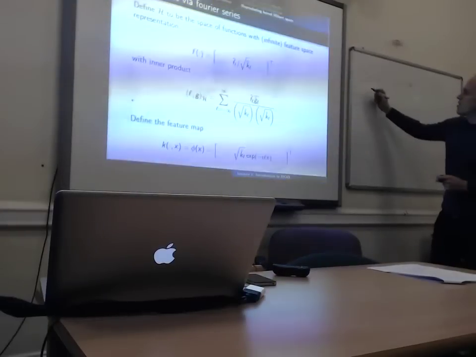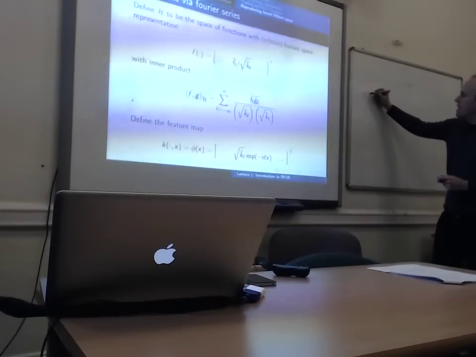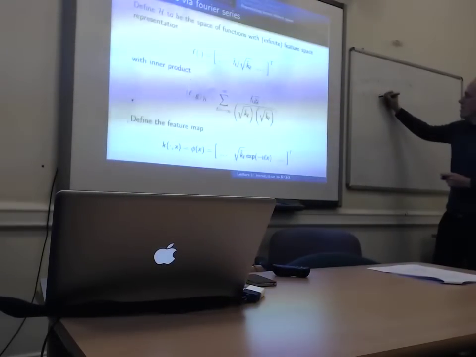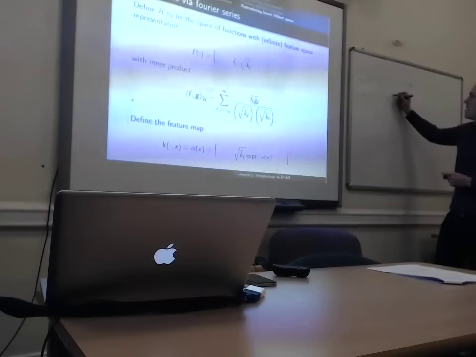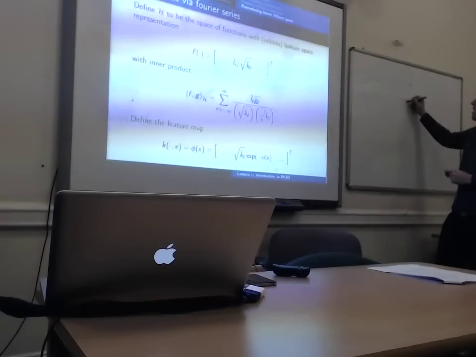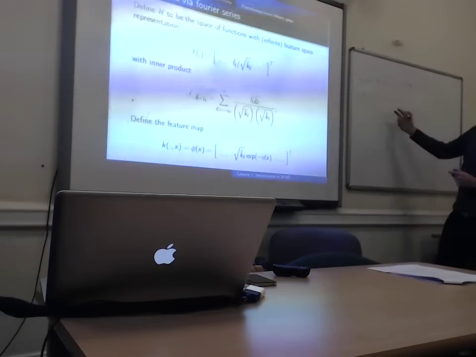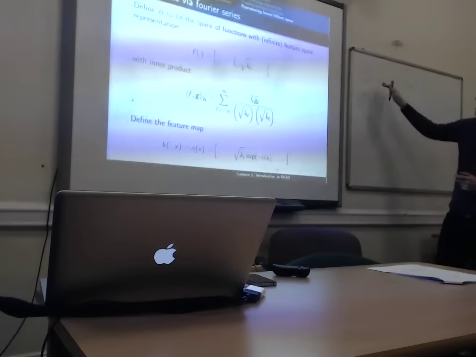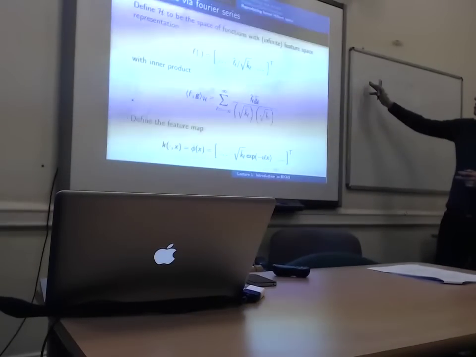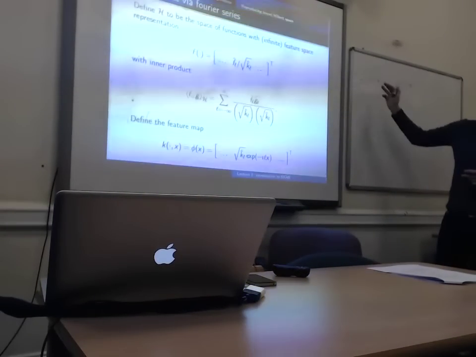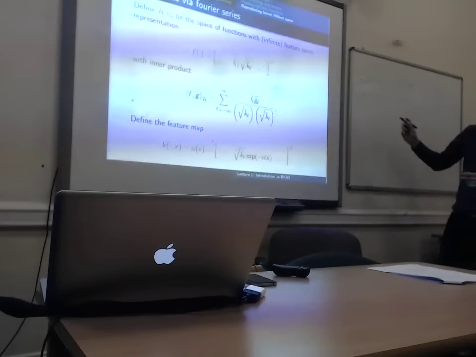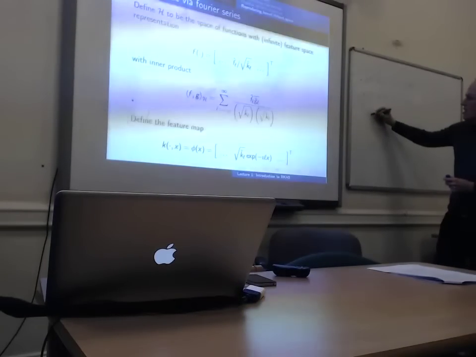And in particular you can write something like this: k y dot, k x dot is equal to k of x and y. So you can do this sort of argument here, but use k of y dot as your f here, and everything should work out. So it's the reproducing property.